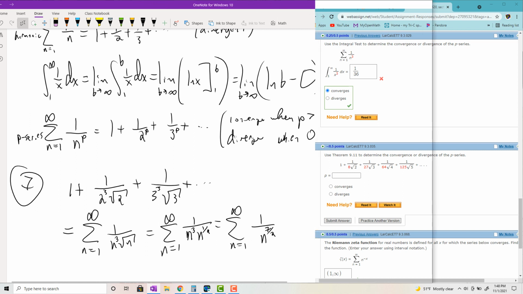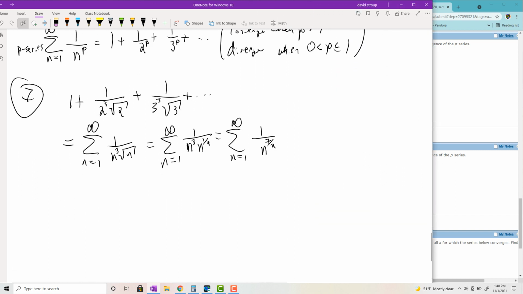So when you're stating this on a test, how would I say that? I would say something like it's a convergent P series. You have to say whether it converges or not. Then you have to tell me what kind of series it is, a P series. And then you have to tell me the criteria that makes it convergent. So here p is equal to 7/2, which is greater than 1.